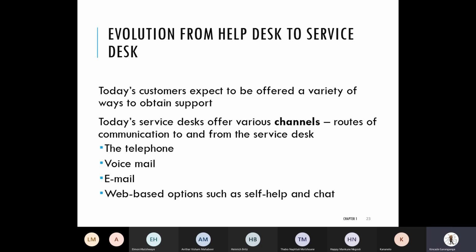More often than not, yes, the generic telephone call is normally when you need that immediate assistance in certain environments. But again, you also have your email and your web-based platforms that enable you to get resolution incorporated accordingly. Very rarely do we use voicemail now, but it's also part and parcel of those issues in that regard.